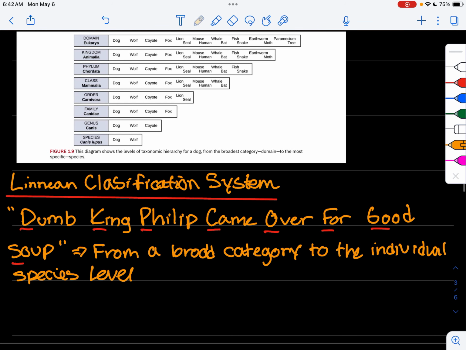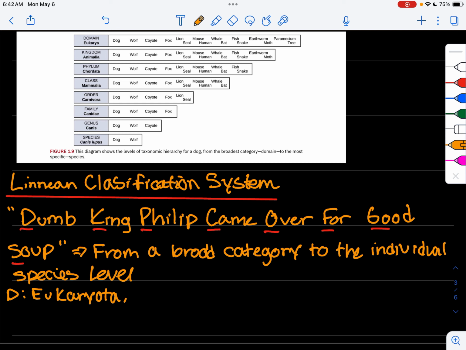So let's go ahead and do that with humans real quick. So domain. Let's use something maybe a little bit more specific. The domain of humans is eukarya. Oops. It's actually eukaryota. To be a eukaryote, that just means we have a nucleus, we have membrane-bound organelles.